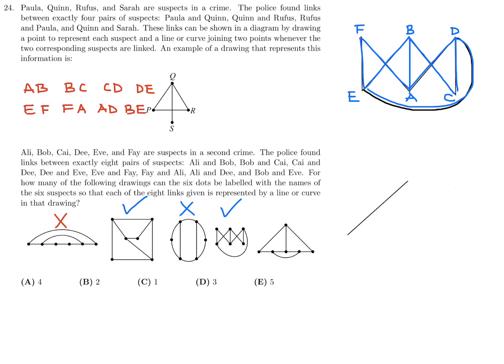And the last one is a triangle. And we've got one down the middle. And it looks like we've got this sort of connection from this guy to this guy. Okay, let's label this and see what happens. I'm not really sure how to label this.